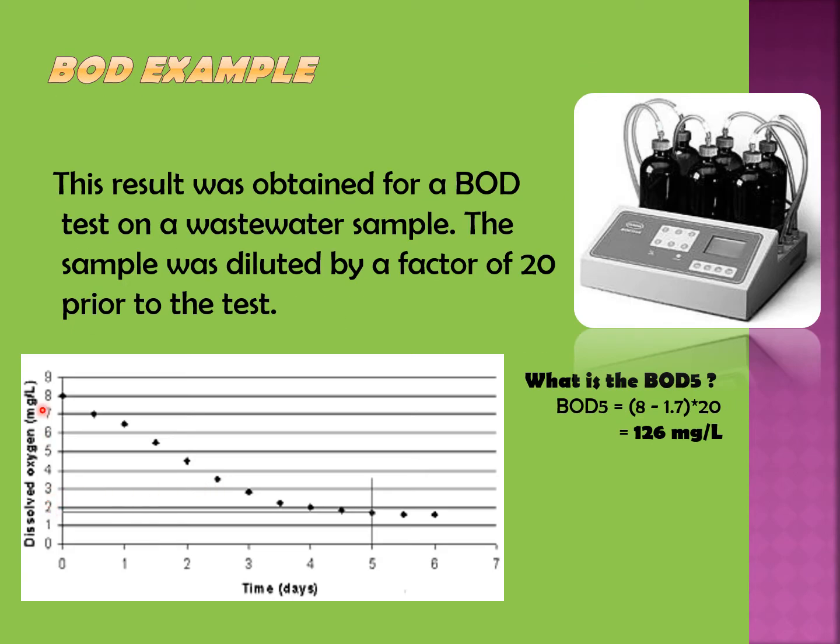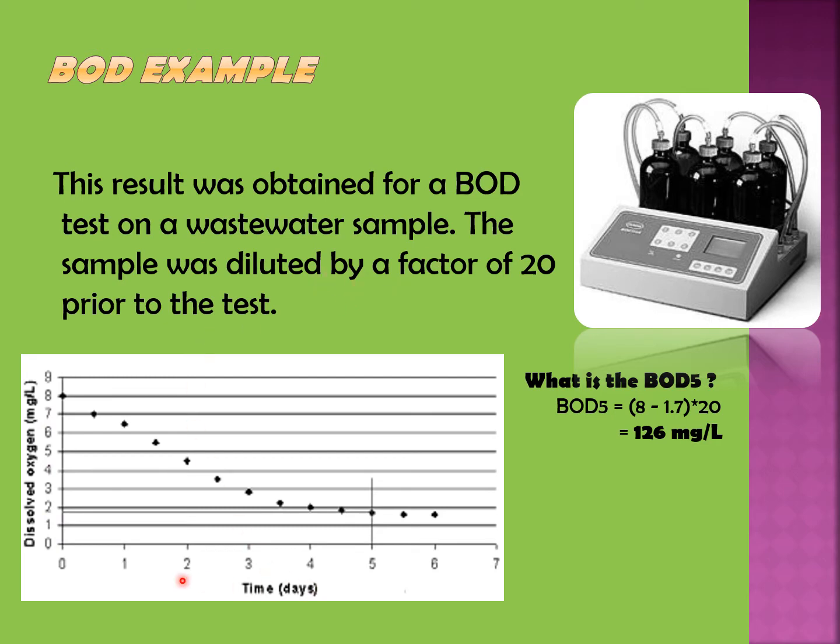Here is a dissolved oxygen versus time graph, obtained from a BOD test on a wastewater sample. The sample was diluted by a factor of 20 prior to the test. We know BOD equals loss of oxygen in milligram per liter times the dilution factor.